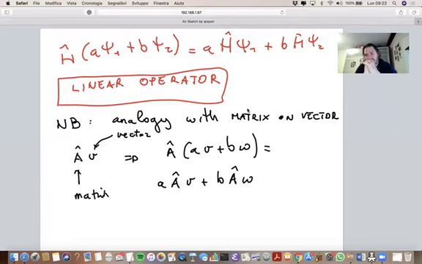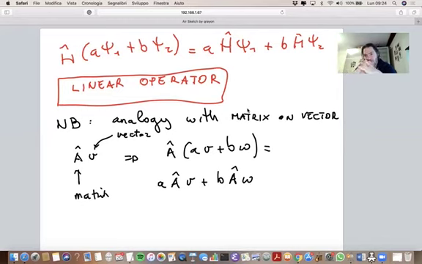In fact, you will be able to relate quantum mechanics through some procedure called discretization to a real vector space and write all the equations of quantum mechanics as matrices acting on vectors. But we'll come to that later on in the course.